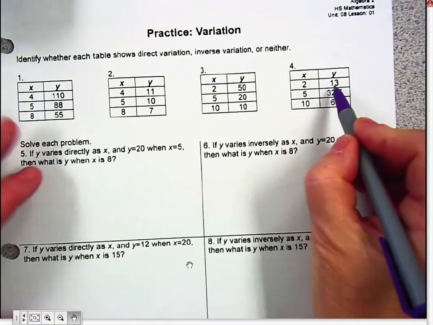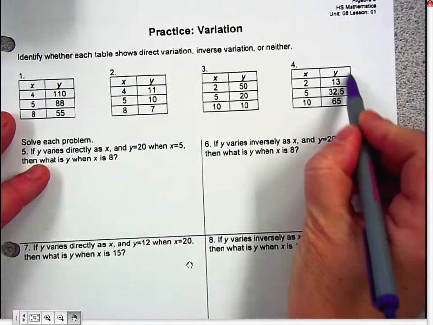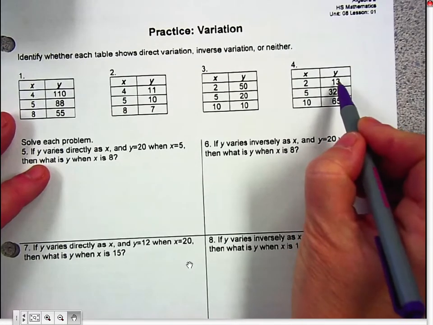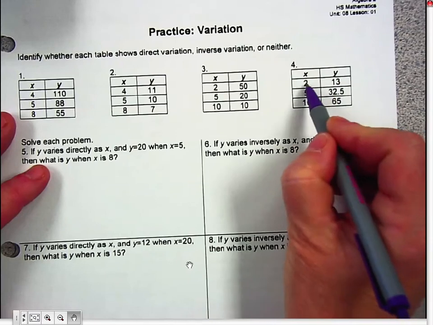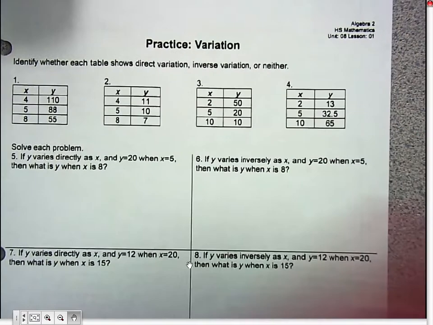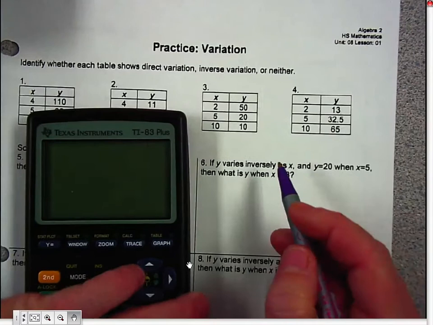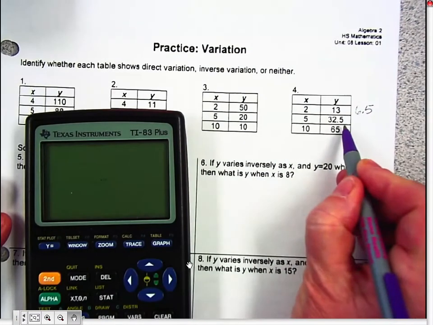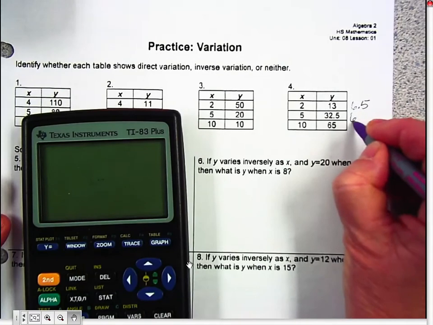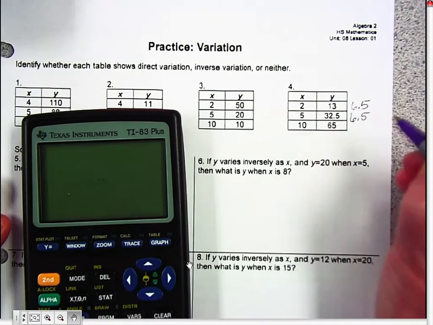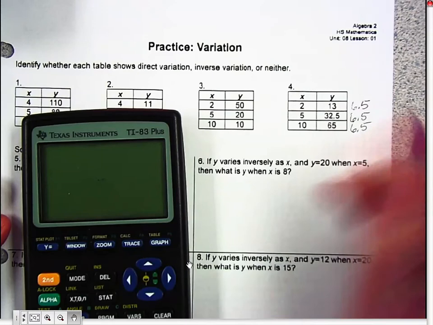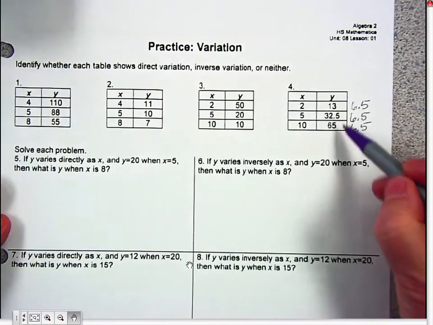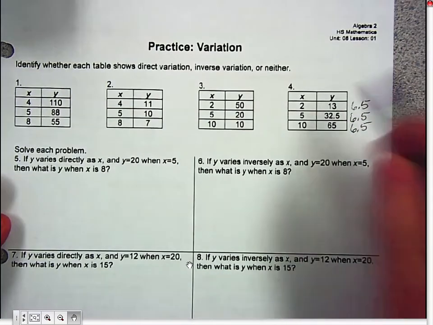On the direct one, it has a common ratio. So you have to check 13 divided by 2 equals what? 6.5. Okay. And then 32.5 divided by 5. 6.5. And 65 divided by 10. 6.5. So if they all have the same ratio, 6.5, then it is direct.